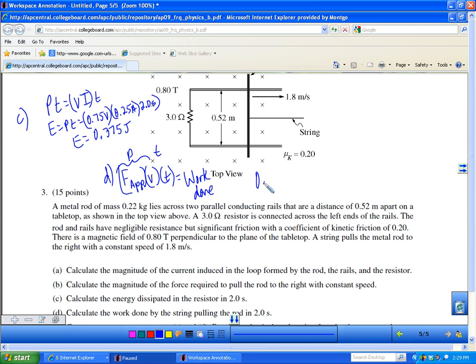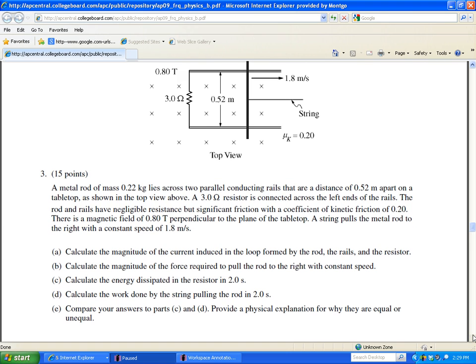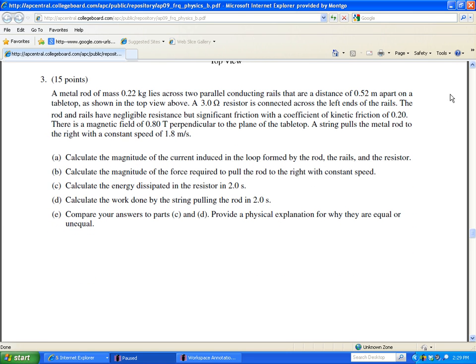So since I already knew my force applied was 0.54, and I was moving it at 1.8 meters per second, and I did that for 2 seconds, I wound up with 3.6 meters times 0.54, and I got 1.93 joules for part D.